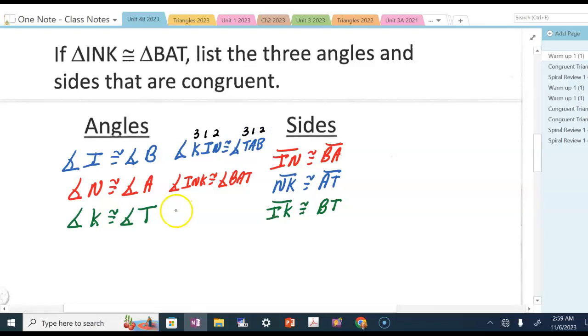And then for N and A, I could say angle NKI is congruent to angle ATB. In this case, I did the second, third, first, second, third, first.